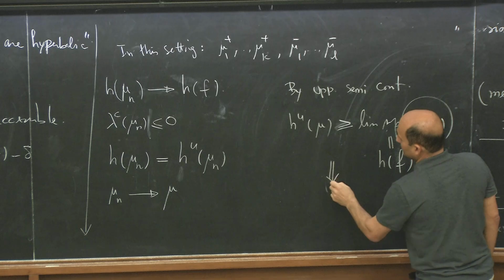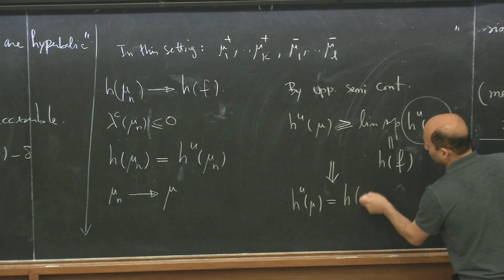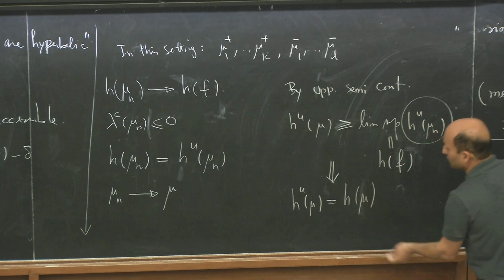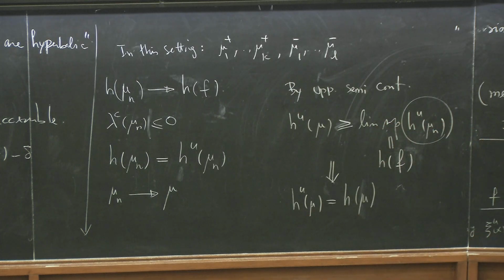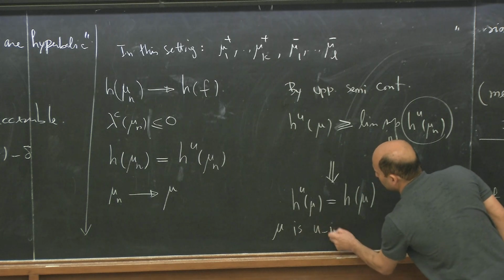So this means that the U entropy of mu is exactly the topological entropy of f. In particular, it is equal to the full entropy of mu. If the U entropy is equal to the full entropy, this means that this measure is U invariant. So mu is U invariant.